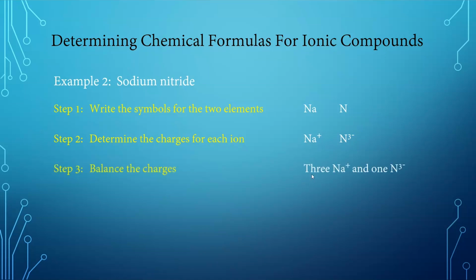To balance these, since the nitride is a -3, we would need 3 sodiums to balance out the charges, and therefore our chemical formula is simply Na3N. The subscript always applies to whichever element it follows. There's only 1 nitrogen. It's not necessary to put the 1 in. We just assume if there's no subscript, it must be 1. It's like H2O. 2 H's and 1 O. We don't call it H2O1. That's not necessary.